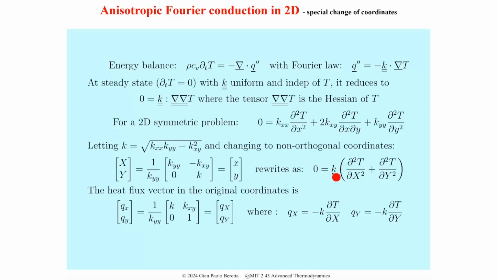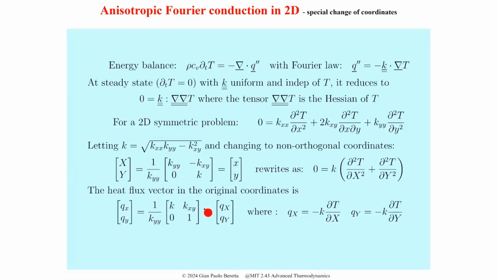and where K, the effective uniform conductivity, is equal to this linear combination of the various terms. So it's like the square root of the determinant of the conductivity tensor, and also the heat flux vector in the original coordinates becomes a linear combination.